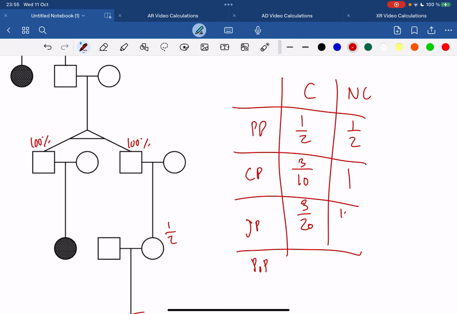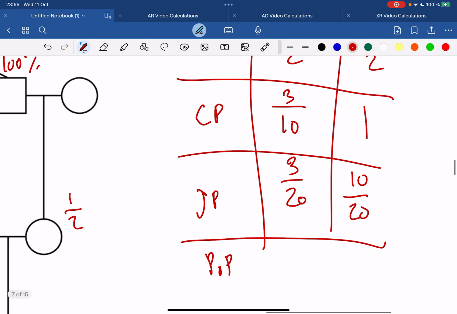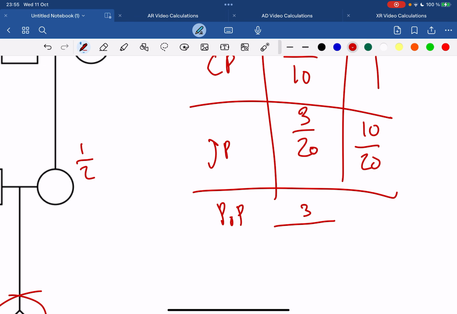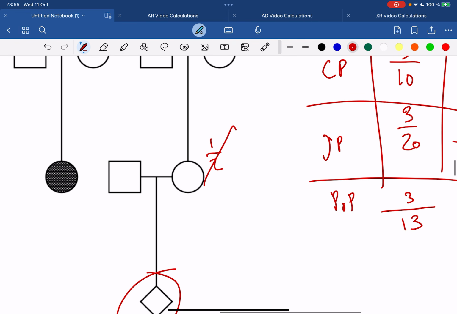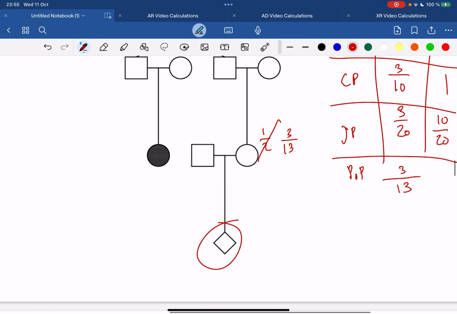And then here would be 10 out of 20 if we immediately want to equalize the denominators. Then here would be 3 over 3 plus 10, which is 13. So this person would have a 3 over 13 chance now, not 1/2 anymore. Then we just calculate that.